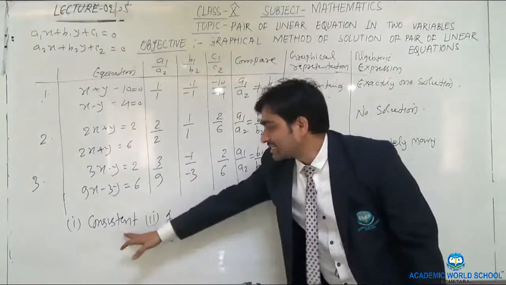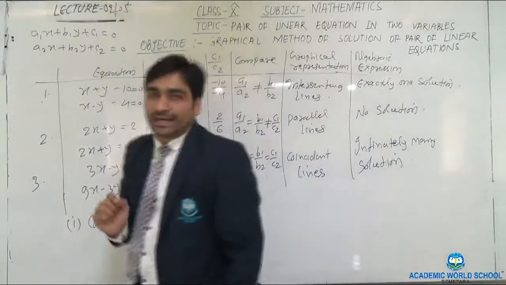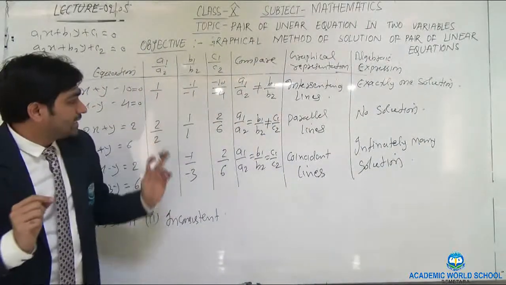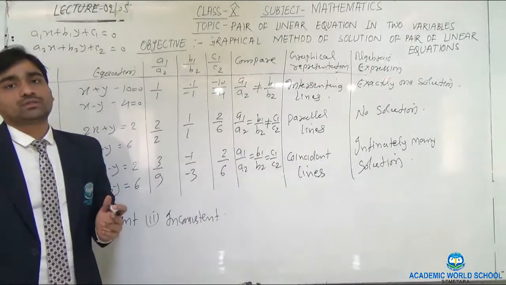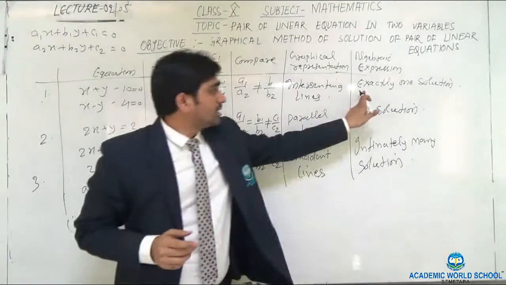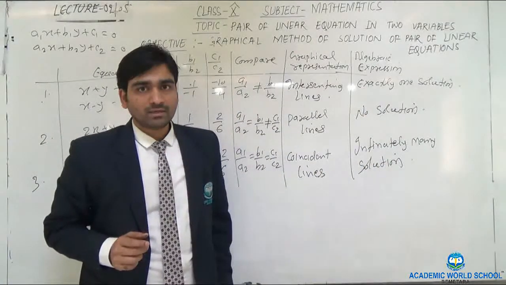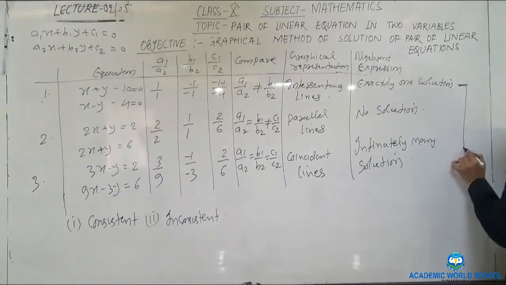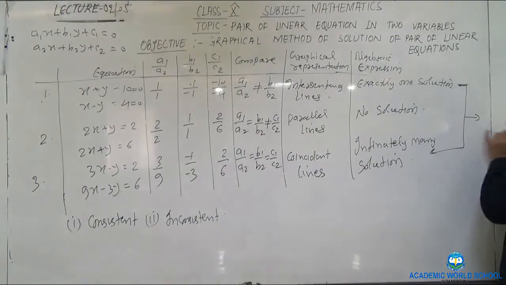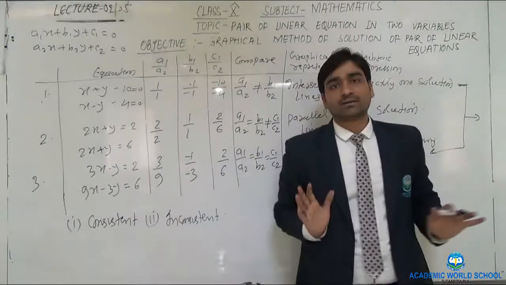See, consistent means that we are able to find, for the pair of linear equations, either one solution or more than one solution. Both combined, exactly one solution and many solutions, is known as the consistent part.